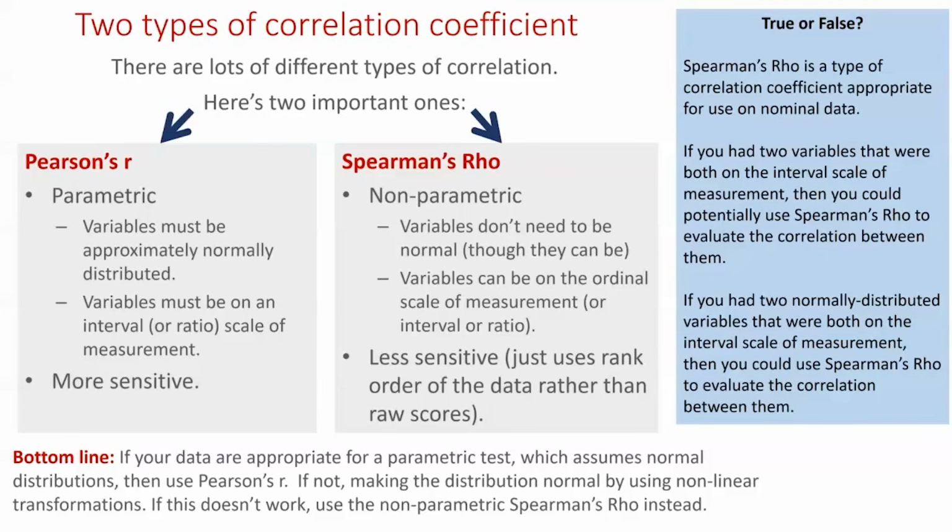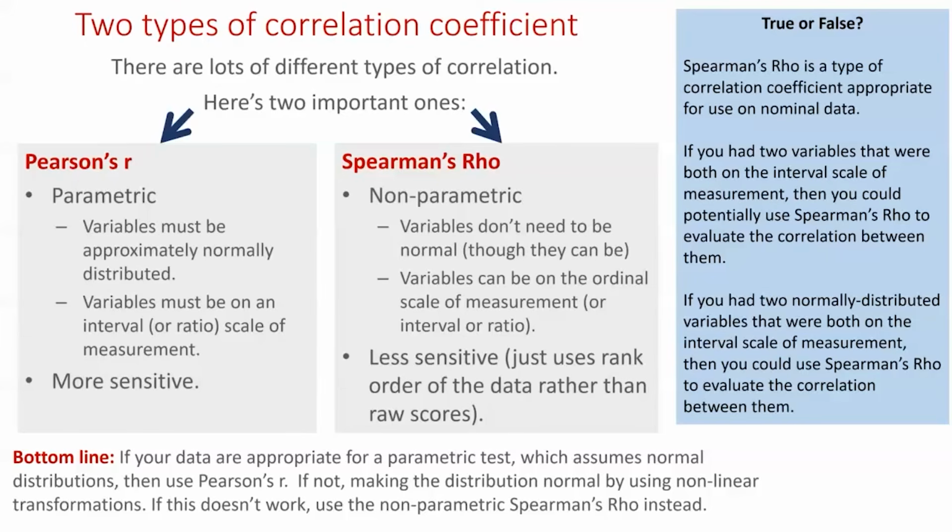True or false? Spearman's rho is a type of correlation coefficient appropriate for use on nominal data. That is false. We can use it on ordinal data, interval data or ratio data, but we can't use it on nominal data.